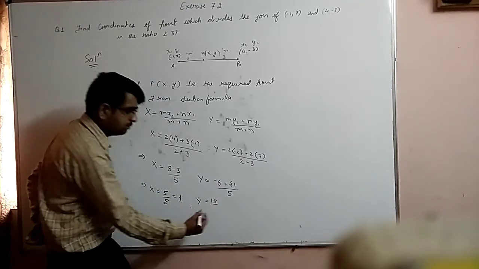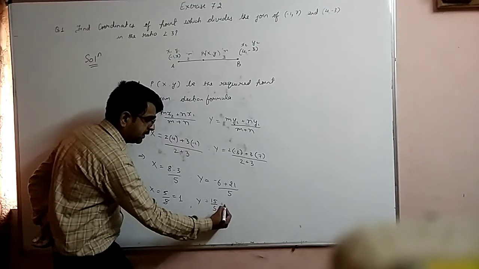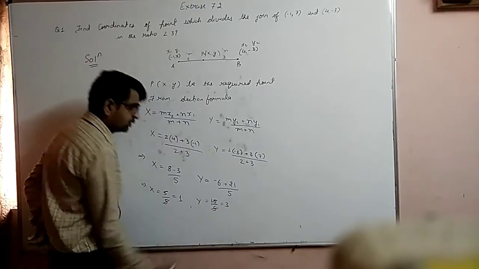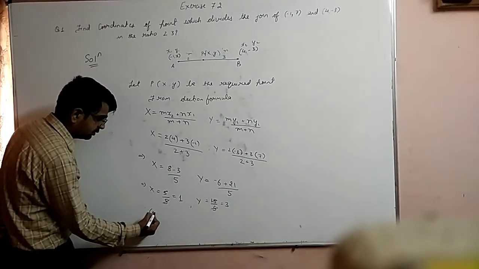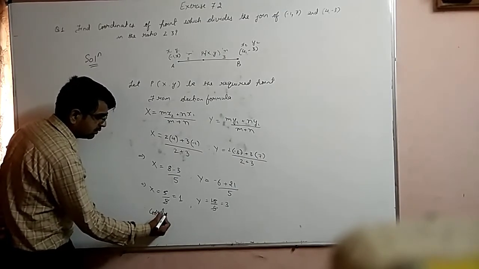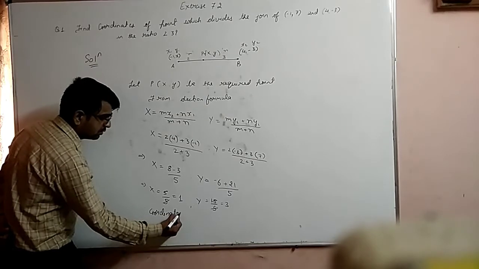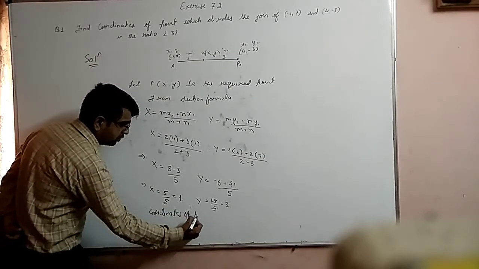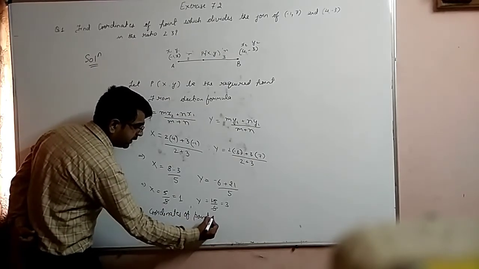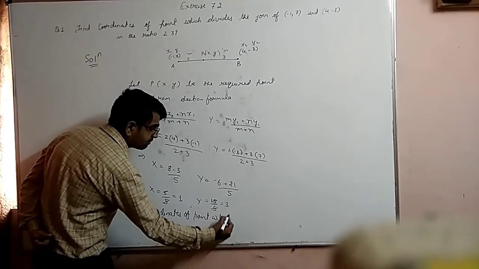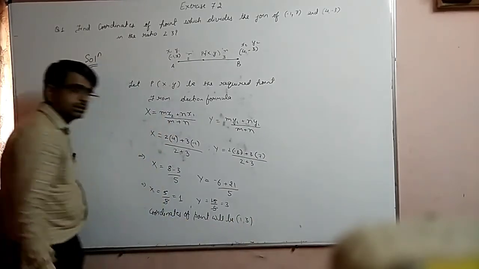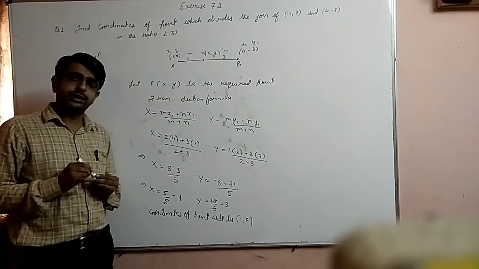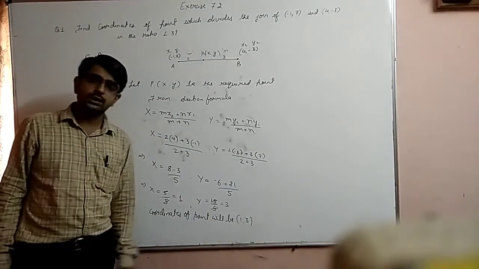So 15 by 5, it will be 3. So what will be the coordinates? Therefore, the coordinates of the point will be (1, 3).